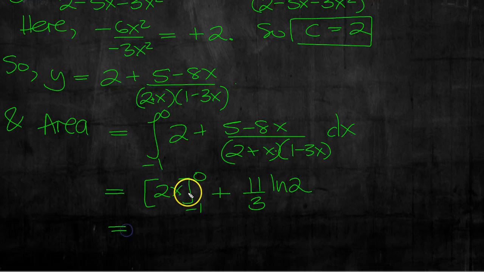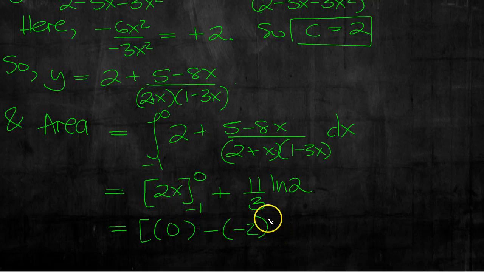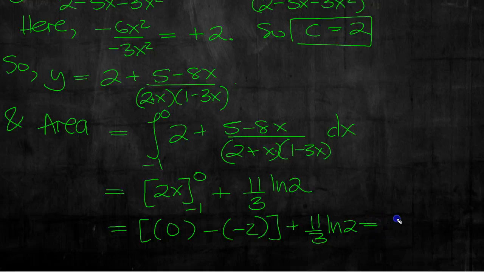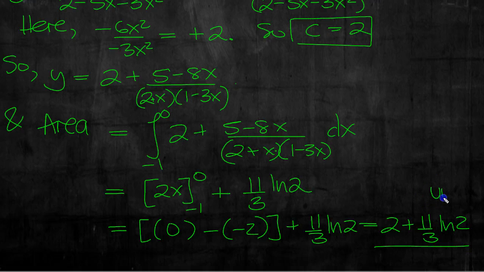So what does that equal then? Put top value in, we get 0, minus bottom value of minus 2, isn't it, when we put the minus 1 in, plus 11/3 log 2, which is equal to 2 plus 11/3 ln 2. That's the area, so it's units squared.